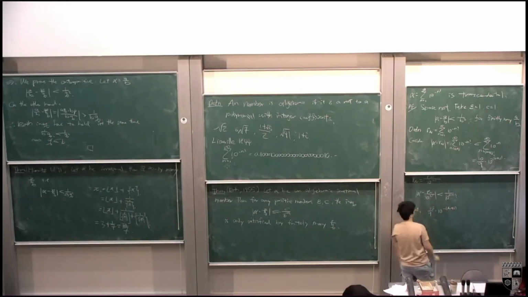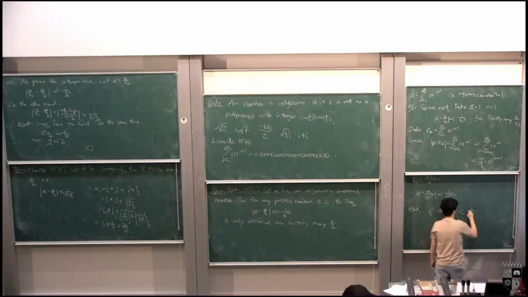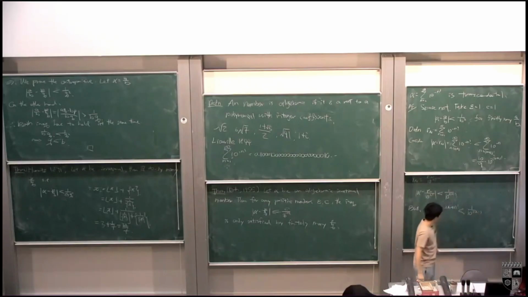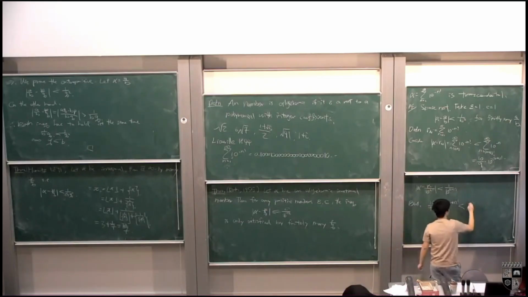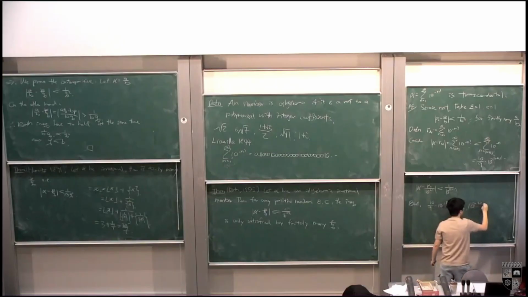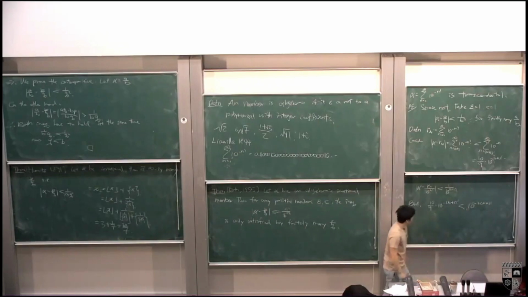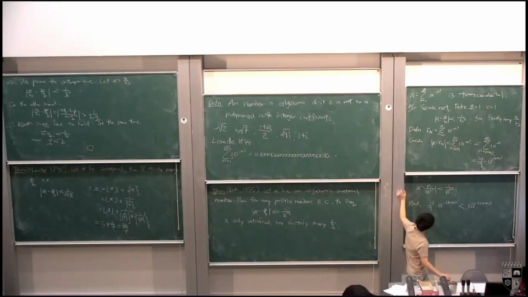But 3n factorial. And I can just write this nicer. This obviously satisfies this inequality for n large enough. Wait, what is it?